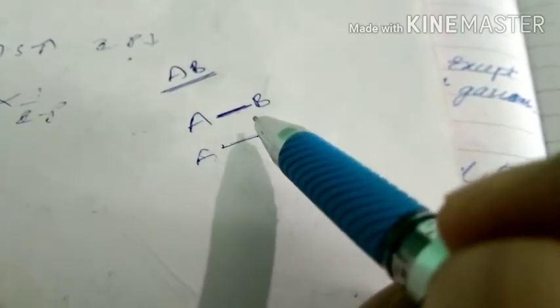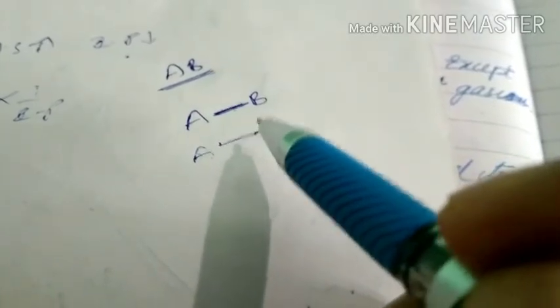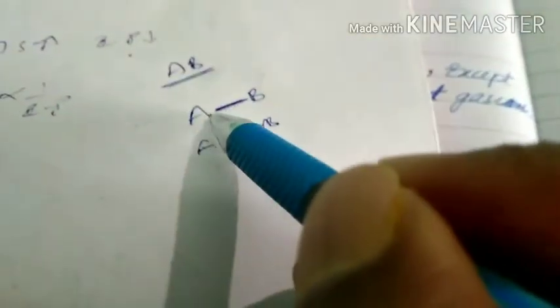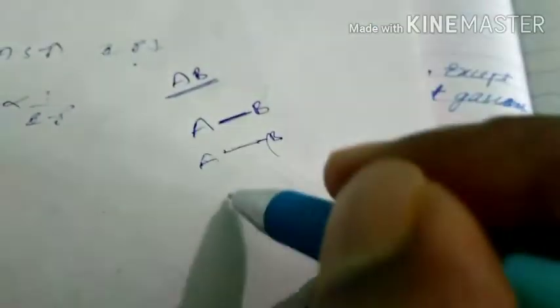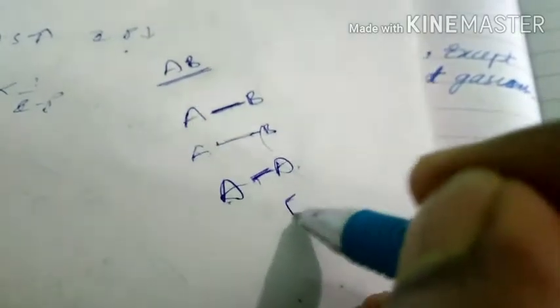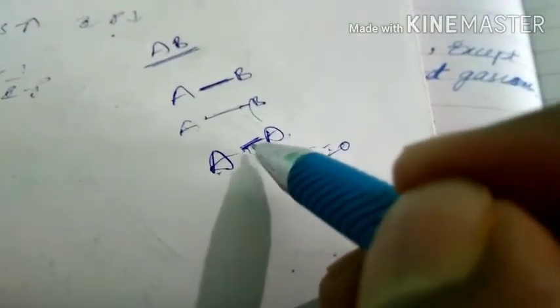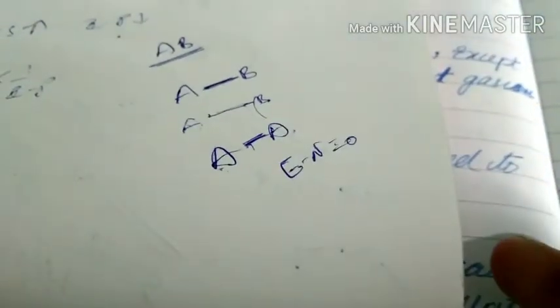The tendency of an atom to gain shared pair of electrons by itself is called electronegativity. It is a relative property. Relative property means it depends on the other atom. Here both are different atoms. If 2 same atoms are present, in such cases EN is 0 because both are having the same strength, so these 2 electrons cannot move towards either atom.